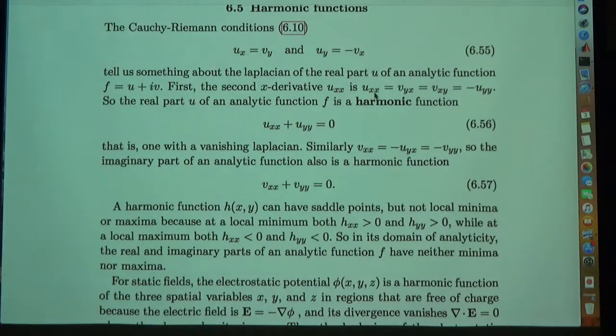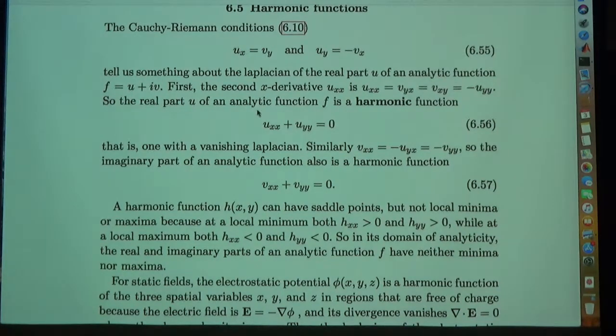In particular, uxx, well, ux is vy, so uxx is vyx. And of course, that's also vxy. But vx is minus uy. And so we get that uxx is minus uyy.